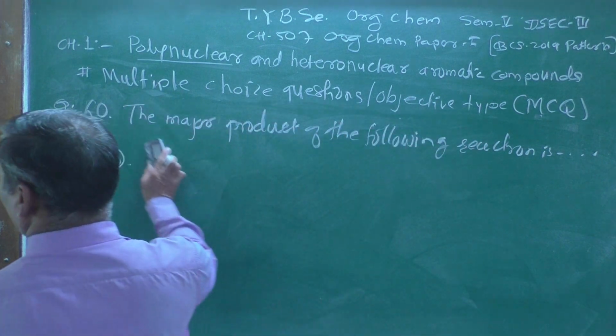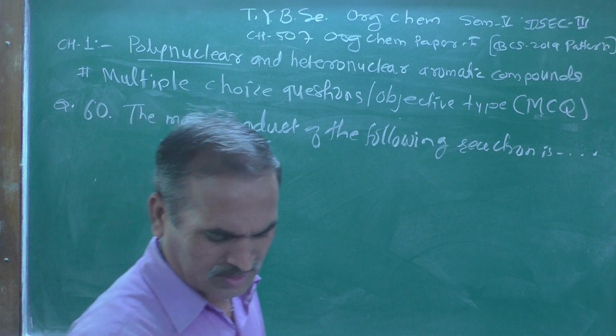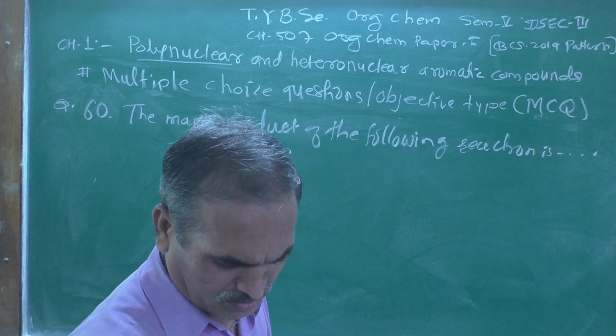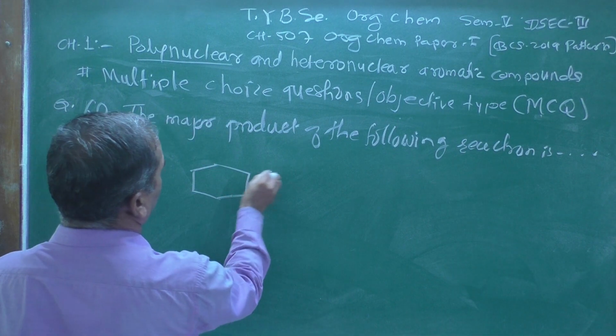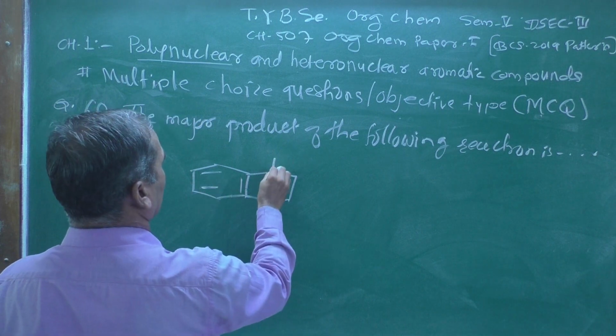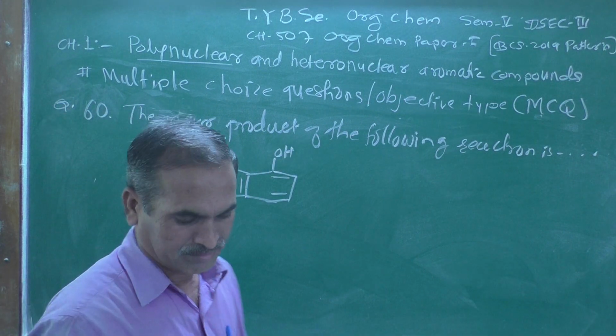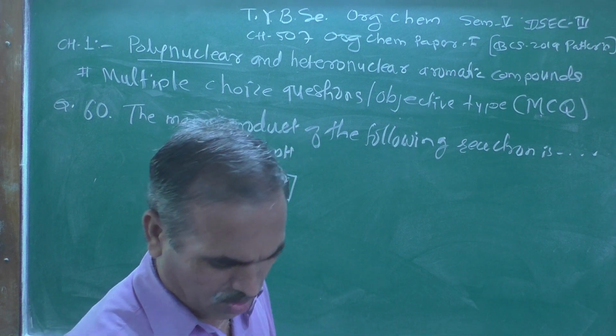Here the reaction is given. The major product of the following reaction is, and that reaction is mentioned over here. See the reaction, this one. Here is OH. The structure of this compound is alpha naphthol.